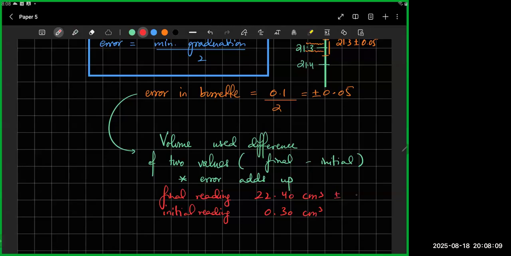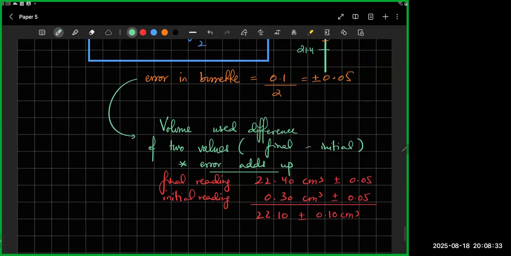Both of them have an error of ±0.05. लेकिन जो difference होगा, that's going to have an error of ±0.10 cm³. So remember always that the error adds up when you add or subtract two values.